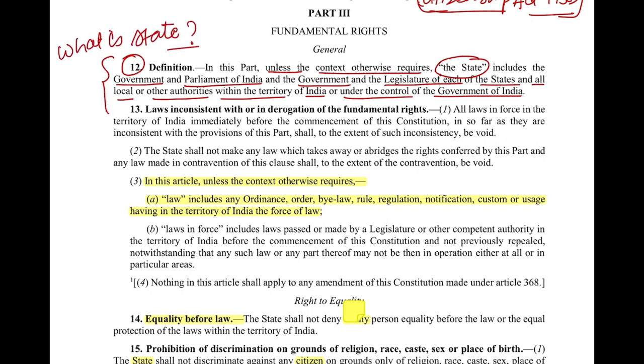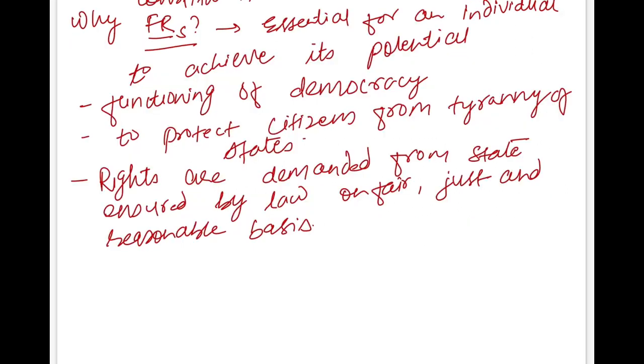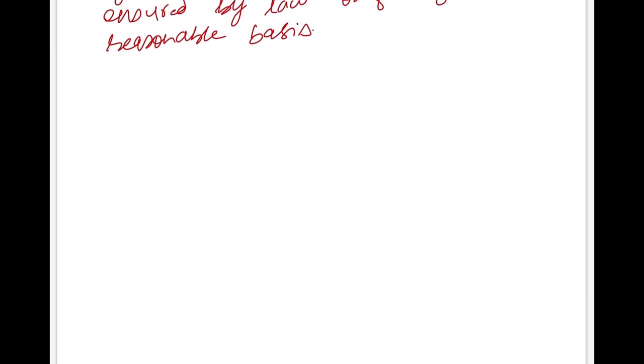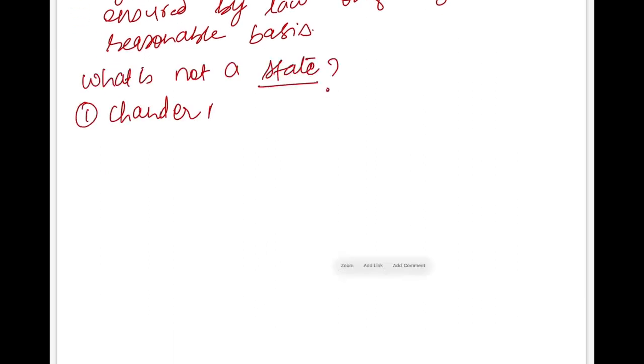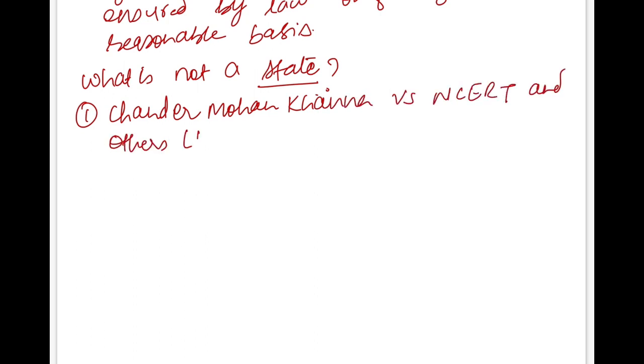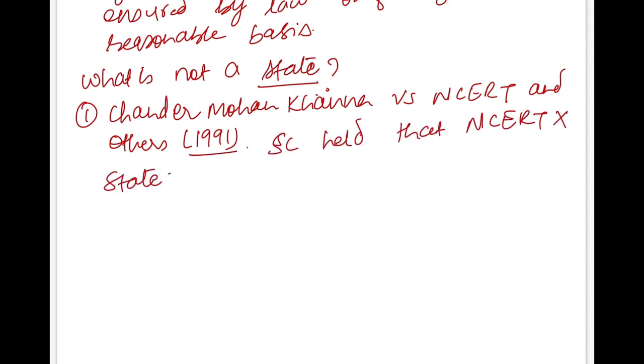We'll get more clarity from the Supreme Court judgments. Let us see what is not a state. In Chandra Mohan Khanna versus NCERT and others, in 1991, the Supreme Court held that NCERT is not a state as defined under Article 12 of the Constitution.